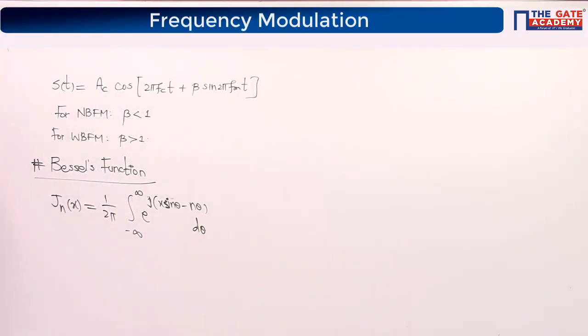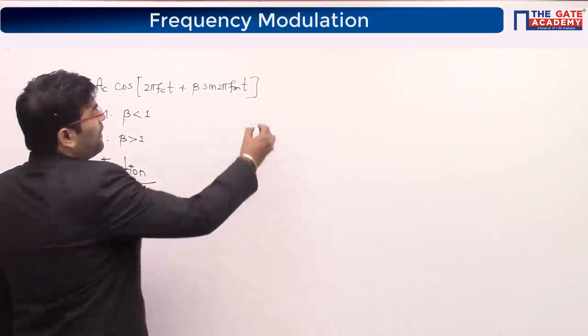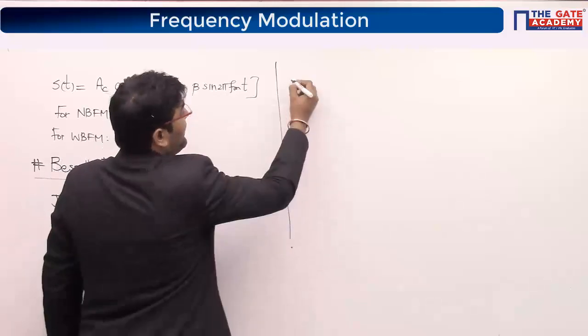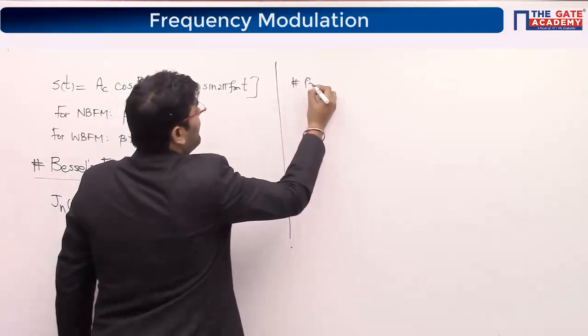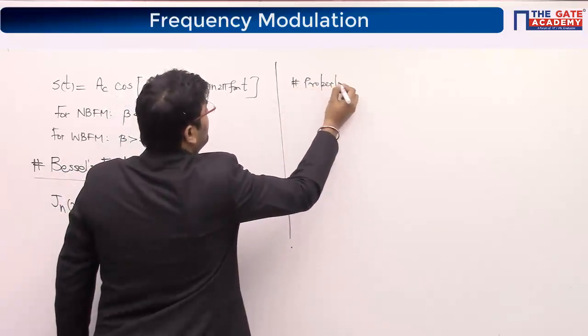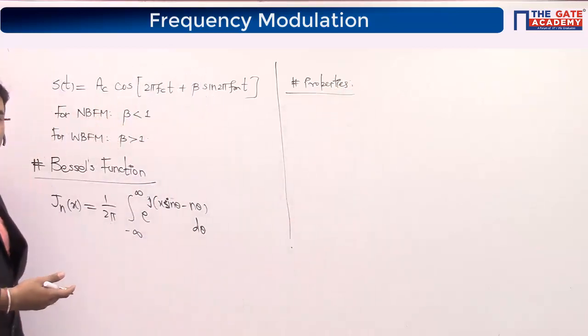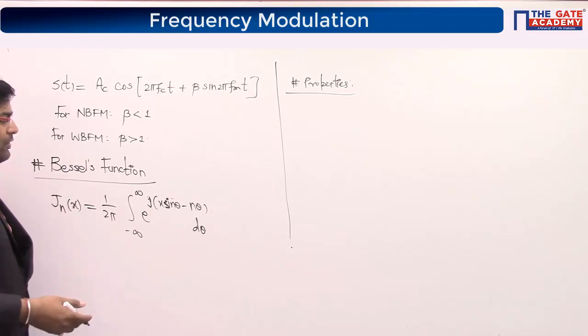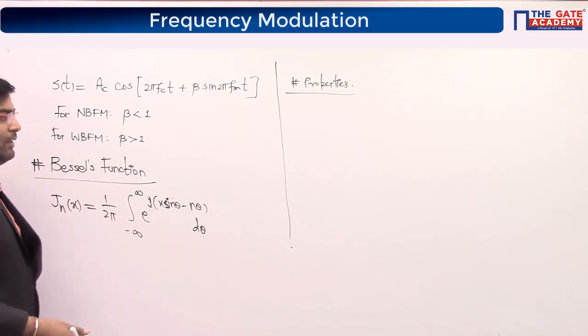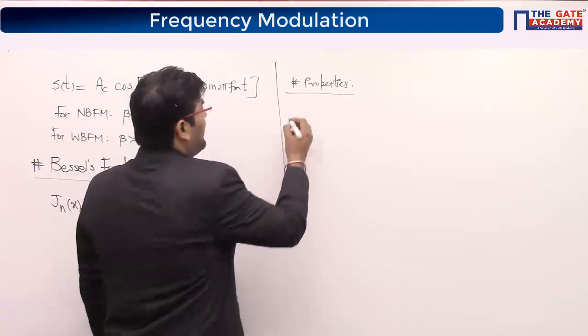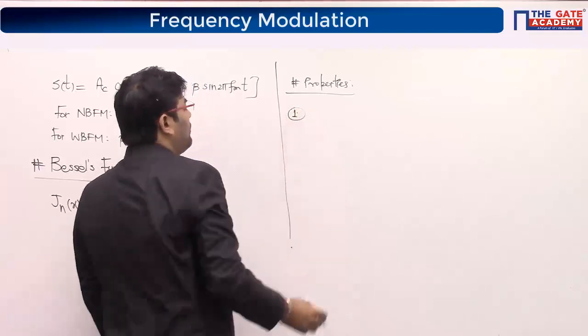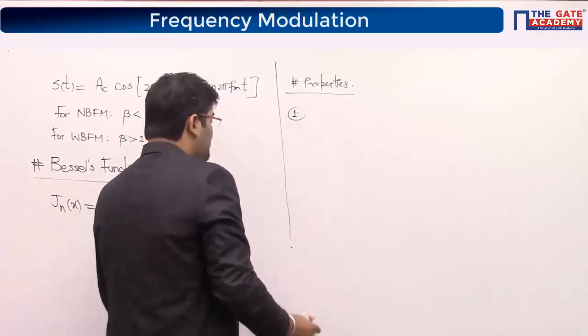Then there are certain properties of this which are very handy when you are going to deal with wideband FM. It's actually a full-fledged mathematics topic, but we are not going to study it in detail because we don't need it that much. I will tell you two properties, and only those two are going to get used.